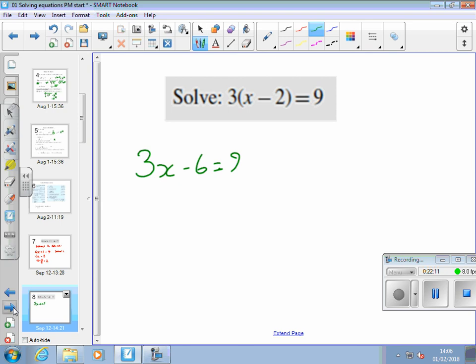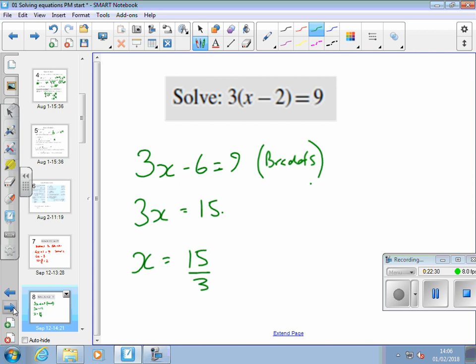So that's brackets. Just make a little note of how we've done it. Brackets. And then what? Add 6 to both sides. So you get 3x is equal to 15. x is equal to 15 over 3. x equals 5. Yeah. Anyone see a slightly different way of going about that one?